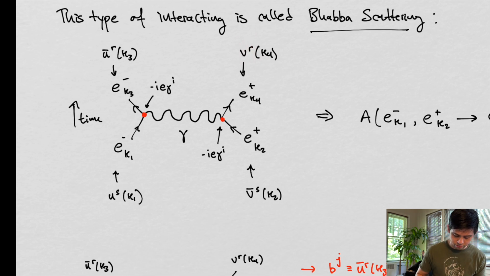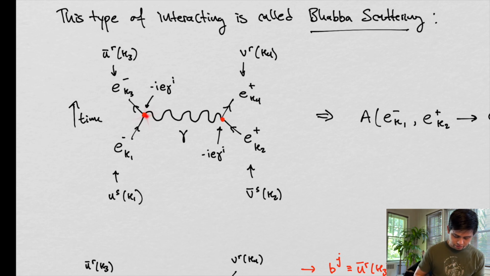So it could be up or down. So remember that S and R are the spins, right? So if S is 1, then we can call that spin down. If S is 2, then we'll call that spin up. But this is essentially the setup.